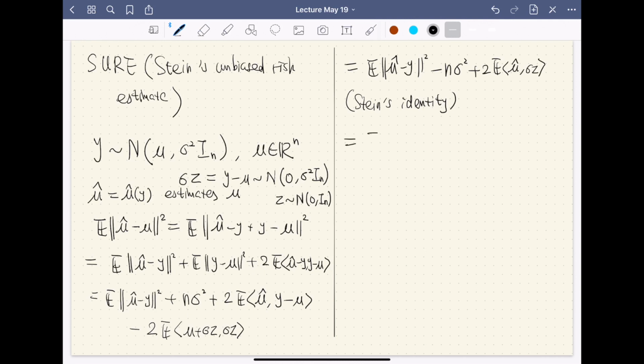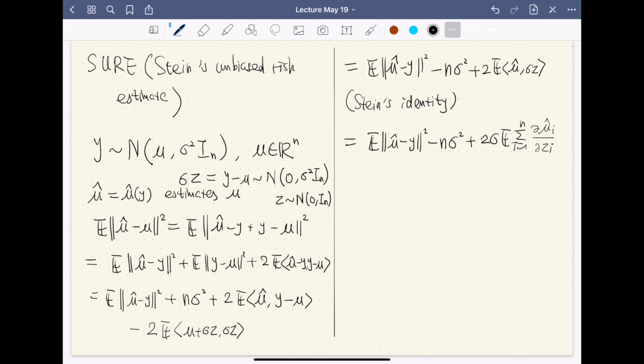Let's do it again. Plus 2 sigma, and then the expected value of the sum of the partial derivatives. Okay, so mu is an n-dimensional vector. So mu hat i is the ith entry of mu hat.